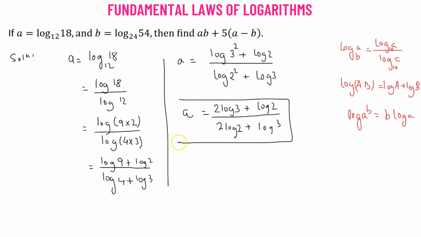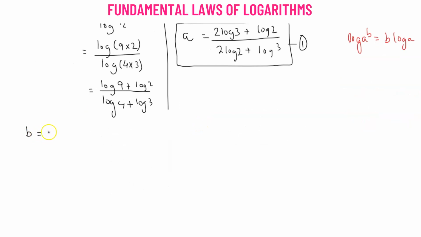We will come to this a little later because we'll be needing it to solve the problem, and we also need to find the value of b. So let's find the value of b in the same fashion. We have b equals log of 54 with a base 24, which equals log of 54 divided by log of 24.